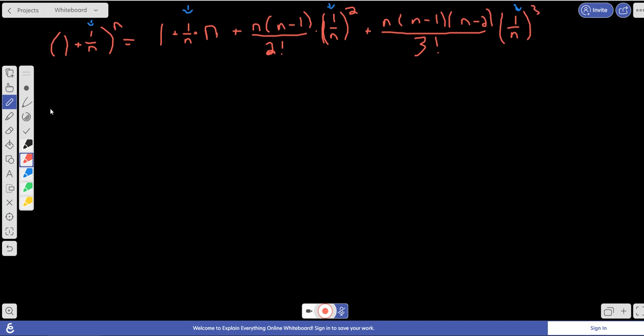The last thing I want to mention is what happens if I change my rate, and I'm going to show that it's really the exact same thing as if we add a power to this. So let's make this x over n. So our rate's going to be x, whatever that might be. And I'm going to change this accordingly. And I've changed where this part of the binomial goes in each of these spots here.